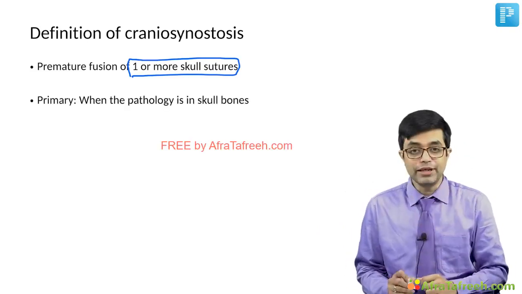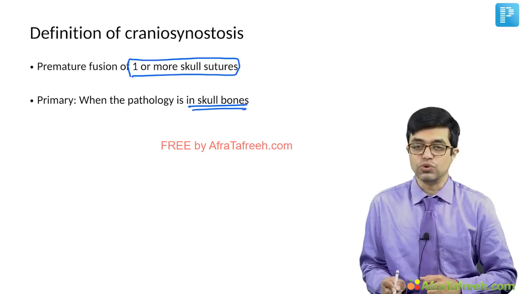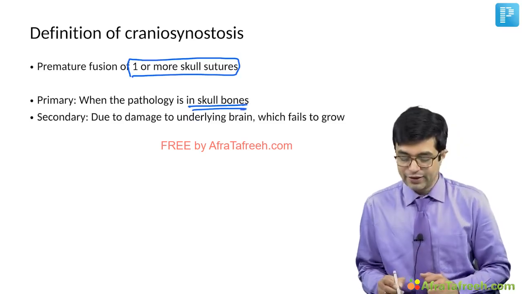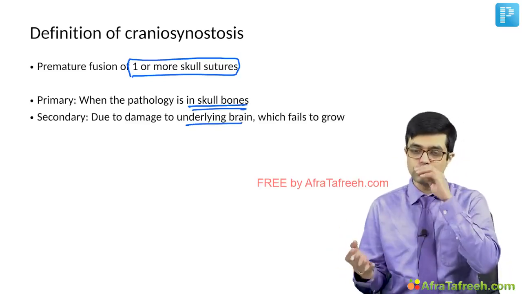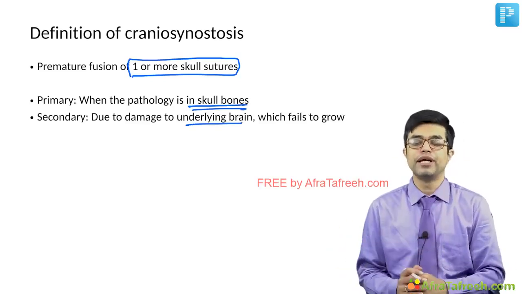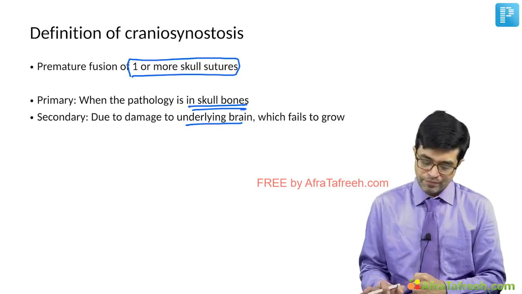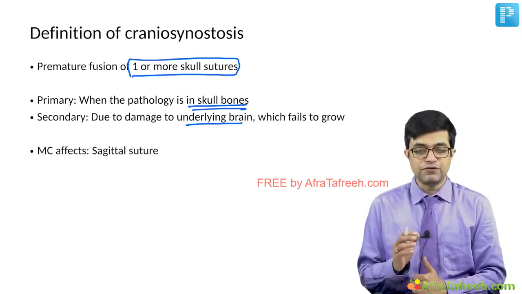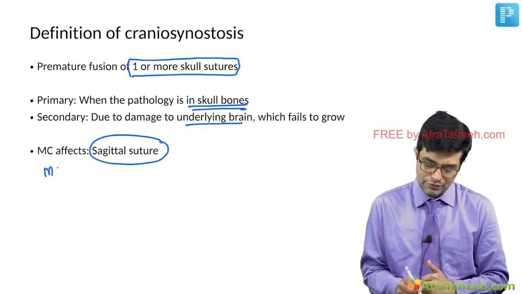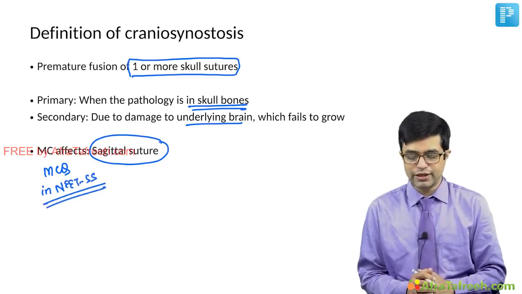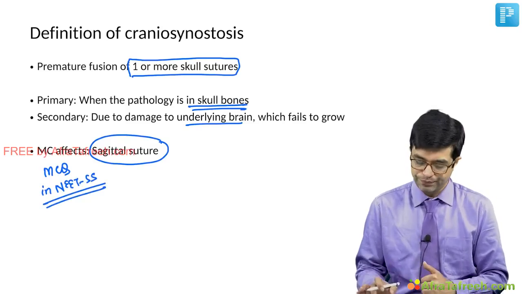It is called primary when the pathology is in the skull bones, and secondary when the damage is in the underlying brain which fails to grow, and so the bone closure is premature owing to the brain damage. It most commonly affects which suture? Sagittal suture. That is your MCQ point asked in NEET super specialty.